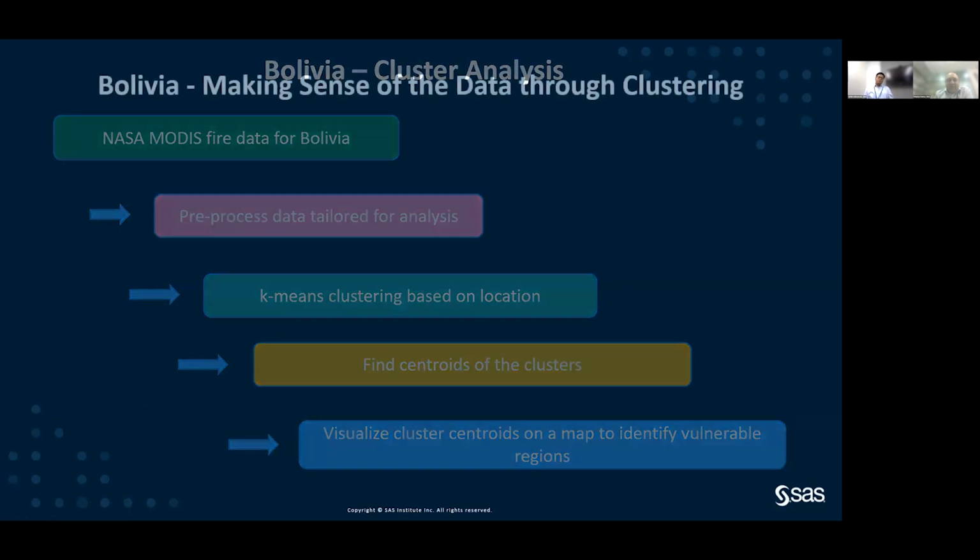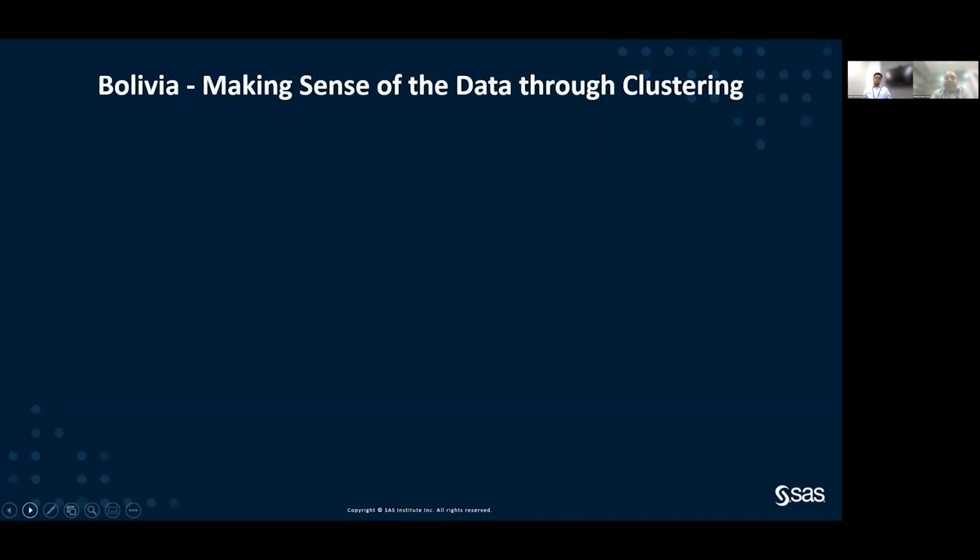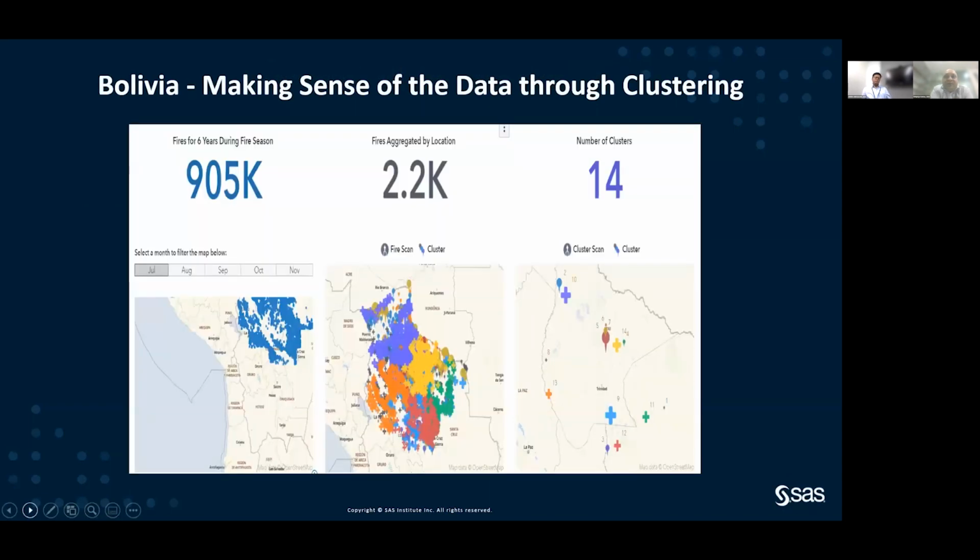So again, once we did the analysis, we used a graphic to report the results. And this is the visual that actually represents the various stages during the analysis. So here in the first visual that you see, these are the fire spots data for Bolivia from July to November.